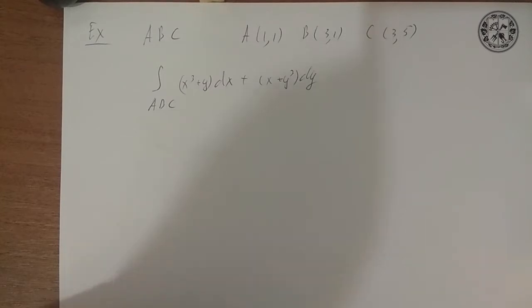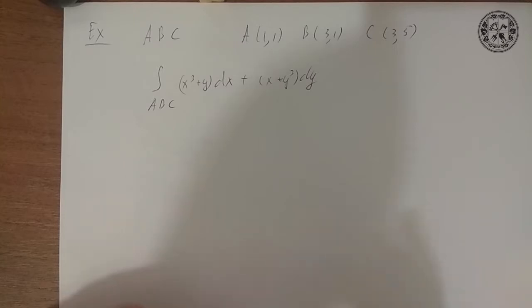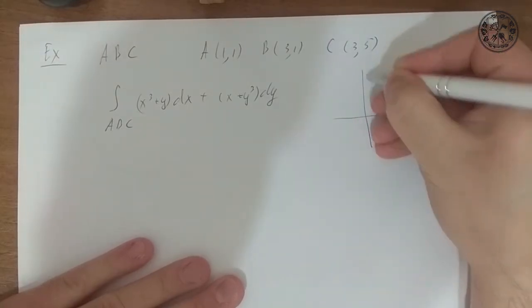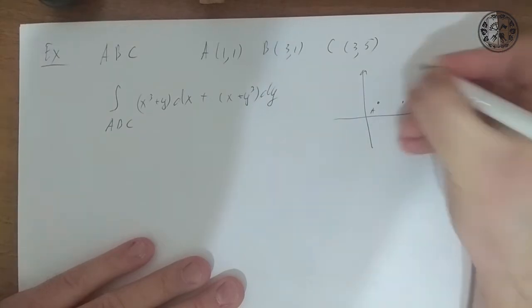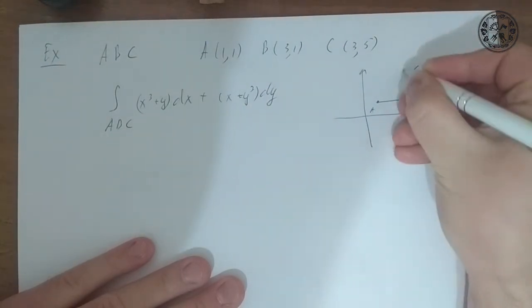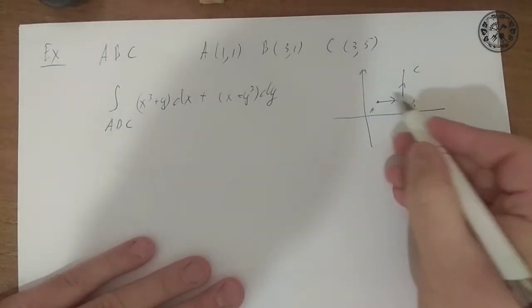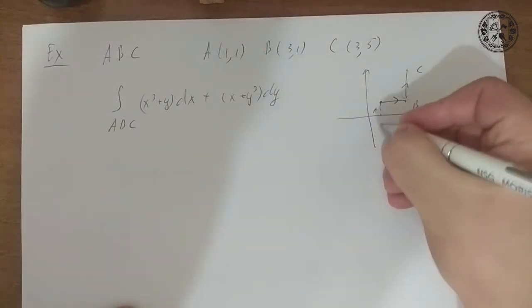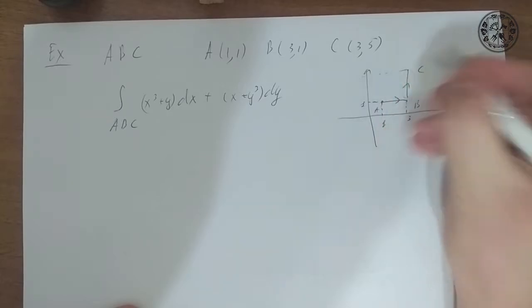Here we can split this integral into two because we have a line that's not smooth. Actually, we have A, B, C. We will first calculate the integral over AB, then the integral over BC. A is (1, 1), B is (3, 1), C is (3, 5).